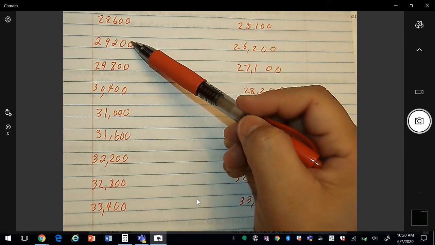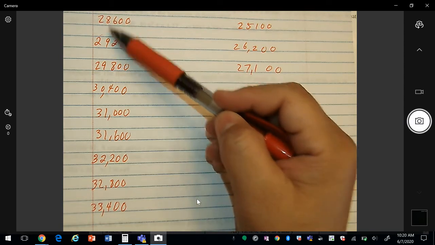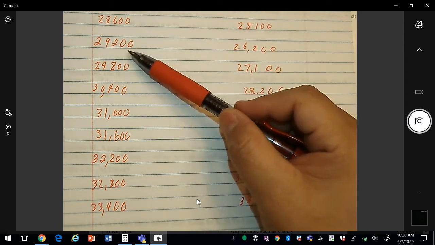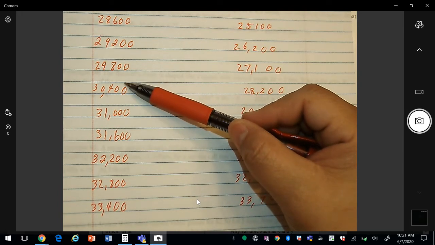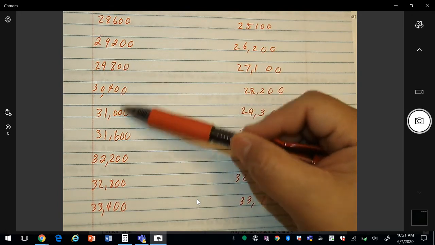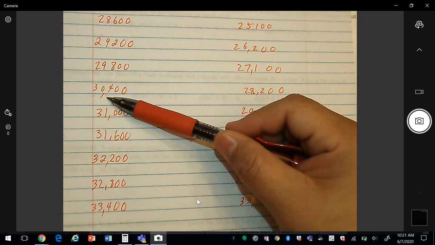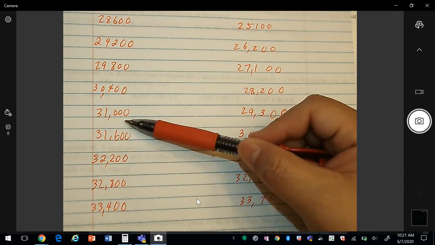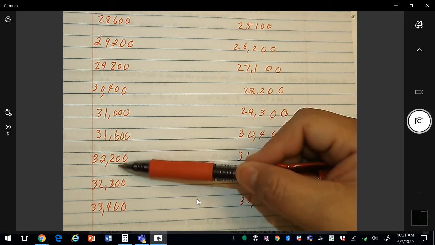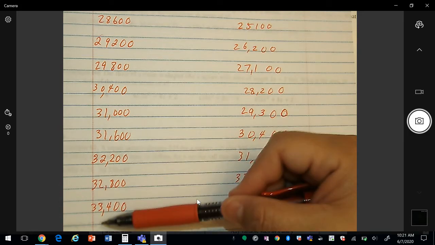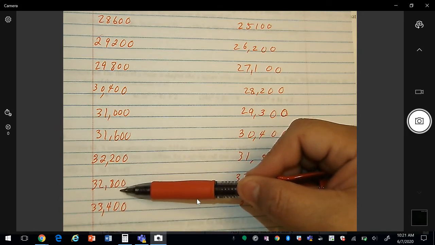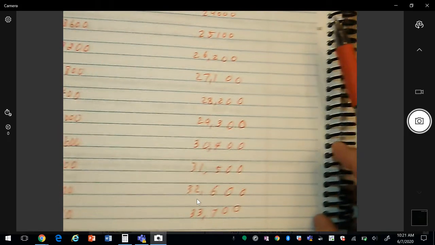If I add 600 more, we get 29,200, 600 more would be 29,800, 600 more would be 30,400, 600 more here would be 31,000, 600 would be 31,600, and then 600 would be 32,200, and 32,800. So this side is okay.